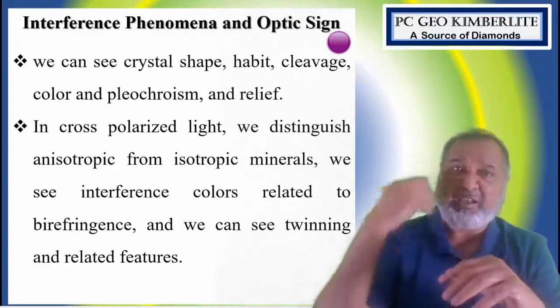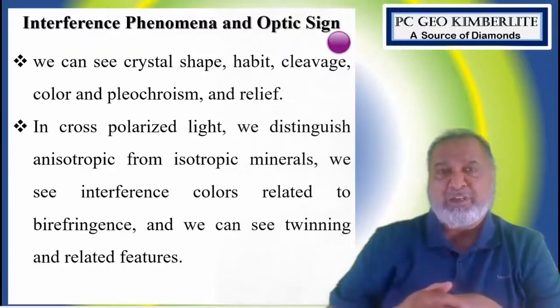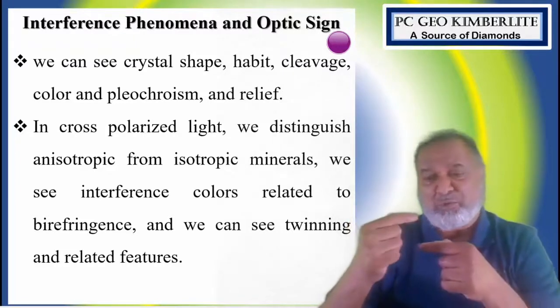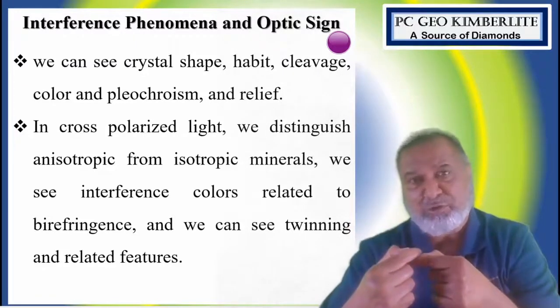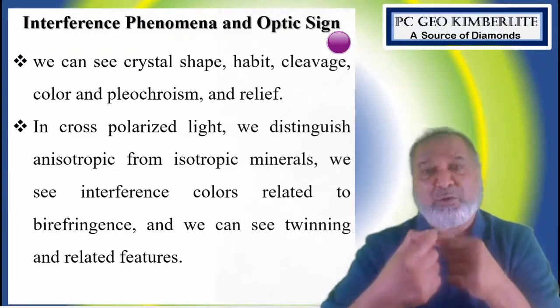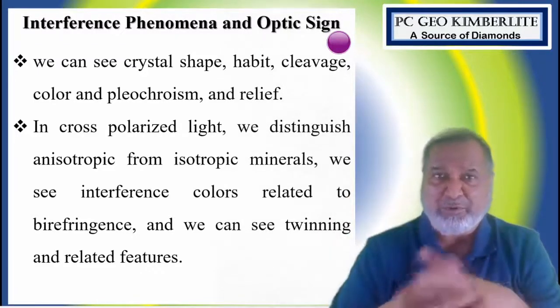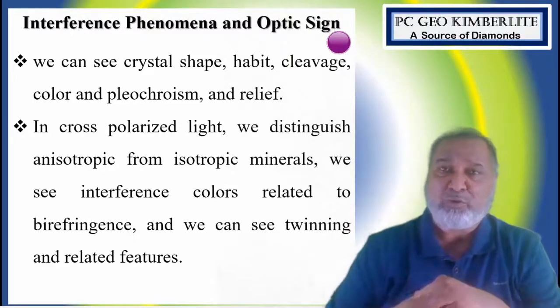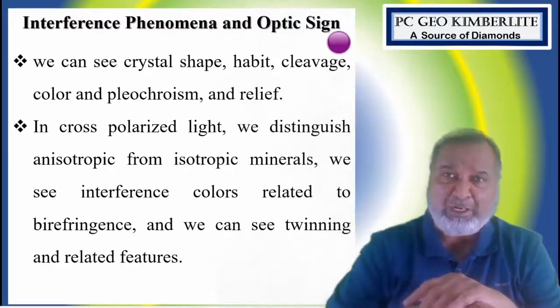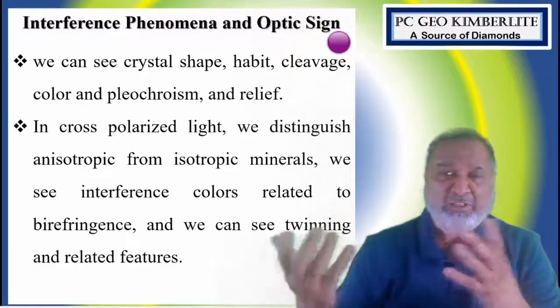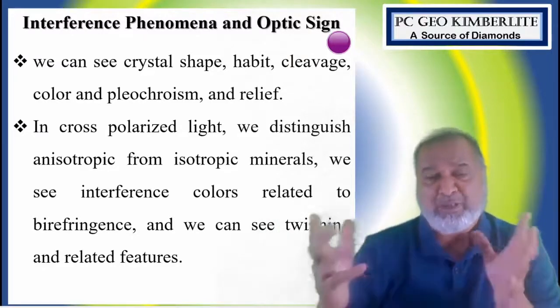Then, once you insert the upper Nicol, the shortest axis of the polarizer and the shortest axis of the analyzer are crossed. When you study in this procedure, we see some minerals completely dark throughout the rotation. We call them isotropic.